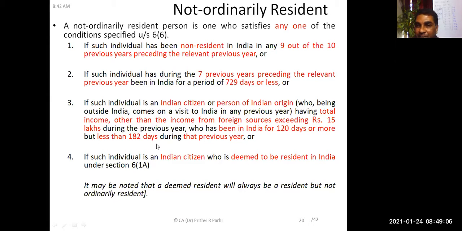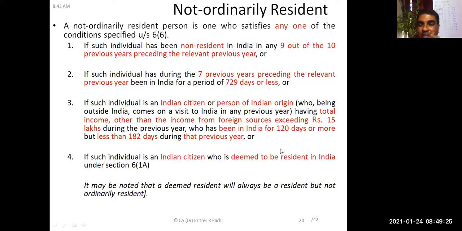If it's more than 182 days, then he is definitely a resident and ordinarily resident. But let us say he is 120 days or more, but less than 182 days in that previous year. That person will also be regarded as not ordinarily resident.